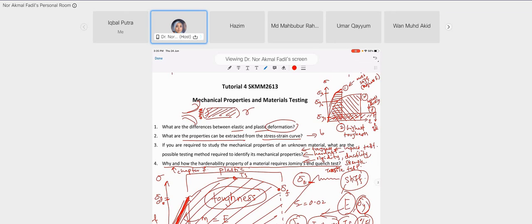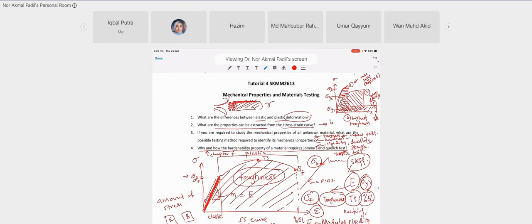We allow the cooling to happen first at this quench end and see whether the cooling effect is also achieved at greater distances from the quenched end. Then we measure the hardness along the specimen and see the effect of the distance from the quench end on hardness. So that's all for this topic.